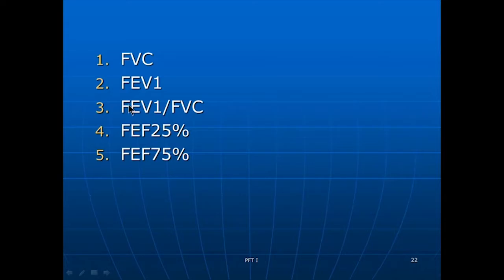So we look at the ratio, which means that a patient at 1 second will blow out X amount of gas, in relationship to the forced vital capacity. So this should be 80% of the forced vital capacity, which will give you a percentage of 80%. Anything less than 80% is considered some type of pathology.